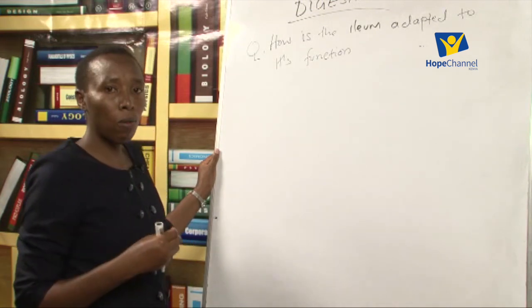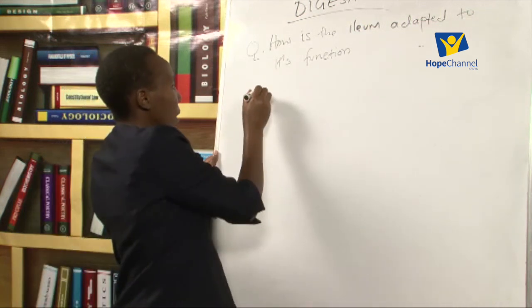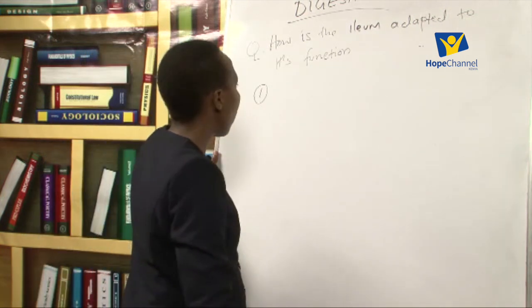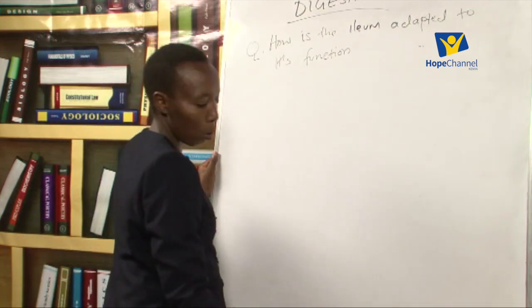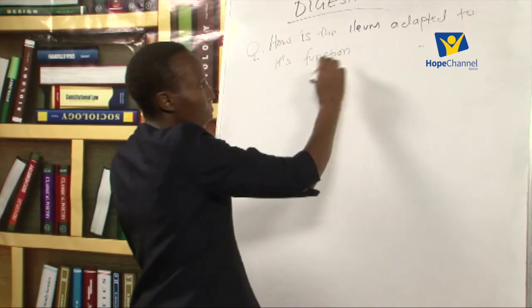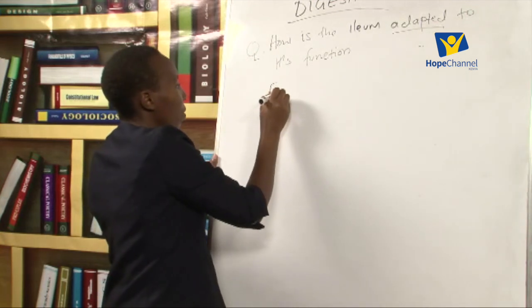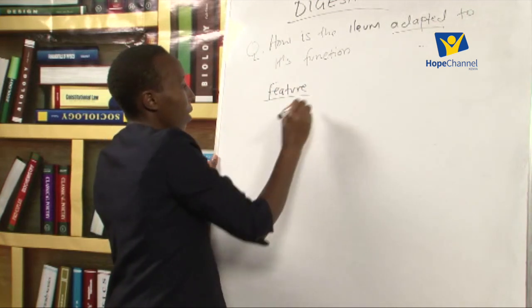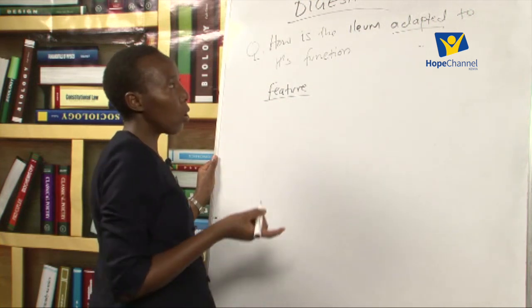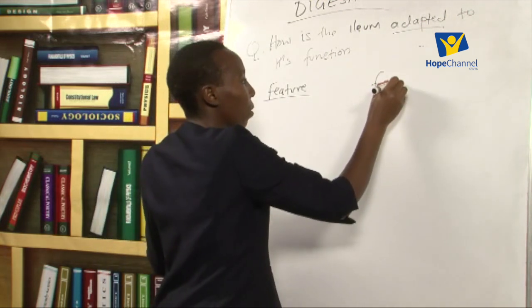For it to do the two functions, you realize that there are many features that the ileum has, and in this case, I'm going to divide my way of reasoning into two because we are talking about the adaptation. So we are going to see which feature the ileum has that makes it suitable to perform the two functions, and then we see the function of that feature.